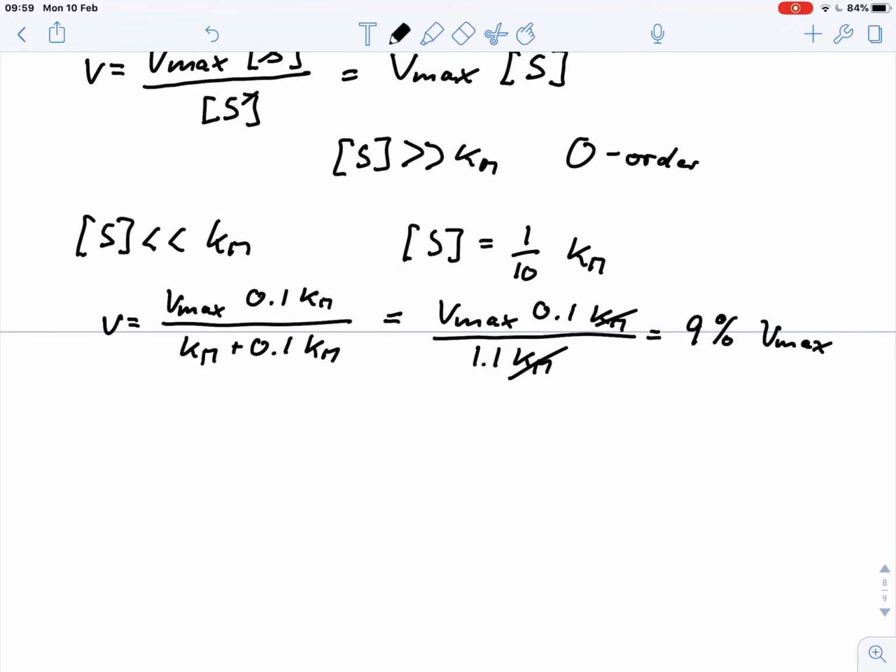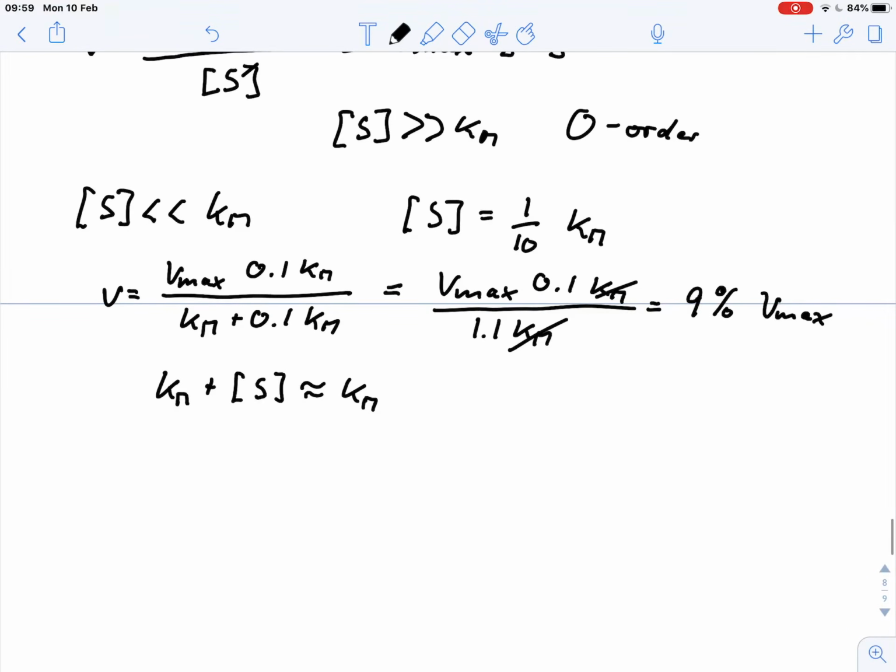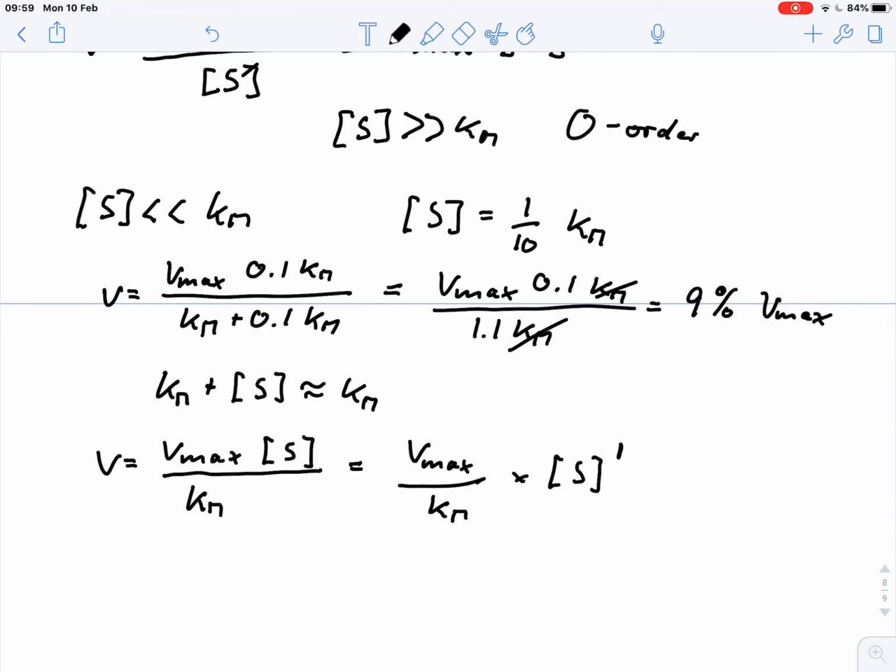And if S is so much smaller, then I can write that Km plus S is very close to just Km. So if I put that in our Michaelis Menten equation, I get V equals Vmax times S over Km plus S, and instead of Km plus S, I simply write Km. I can write this in a slightly different format, as Vmax over Km times S to the power of 1.